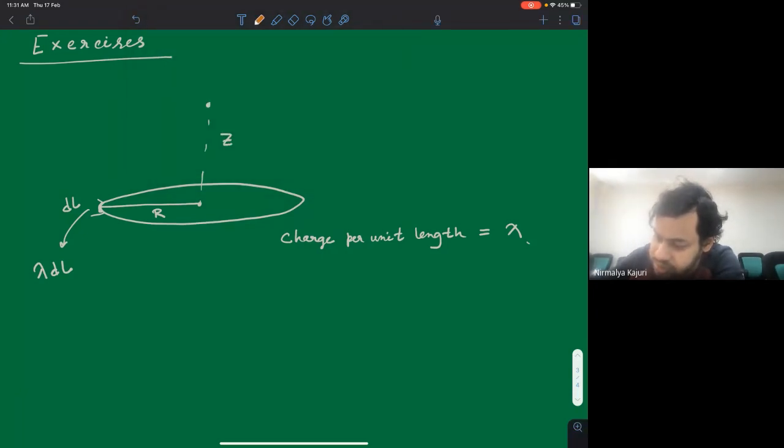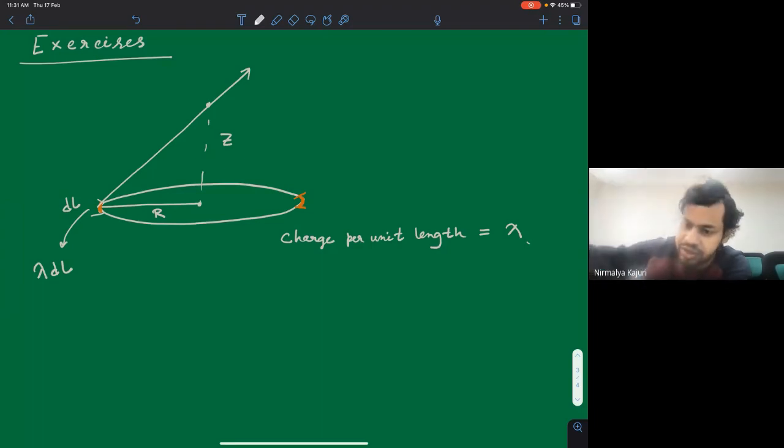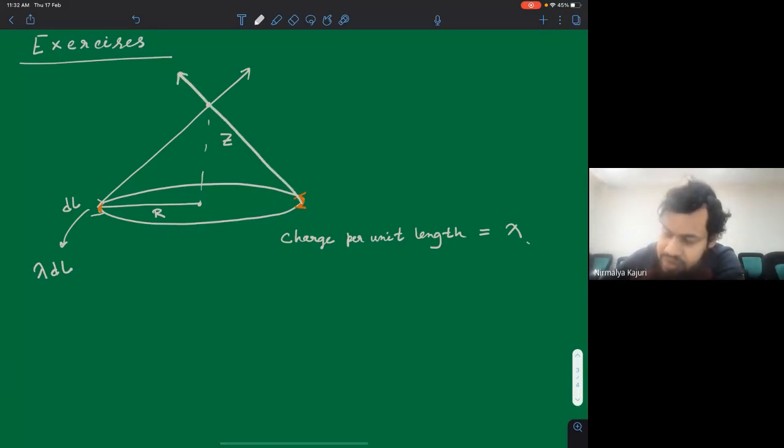So I'm highlighting this piece over here and a piece opposite to it. The force from this piece acts in this direction, and the force from the diametrically opposite piece goes like this.